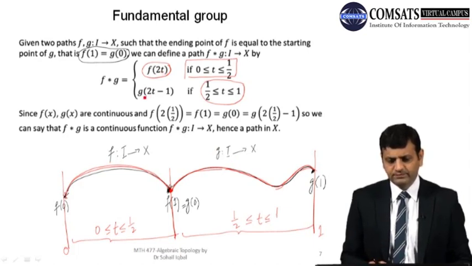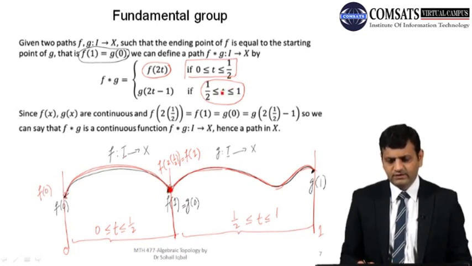So why f(2t) and g(2t - 1)? If you observe, if I'm taking f(2t), then when t varies from 0 to 1/2 I'll be starting from f(0), because when t is equal to 0 this is f(0), and when t is equal to 1/2 then f(2 into 1/2) is equal to f(1). So when you reach t equal to 1/2, you reach the end of the path of f.